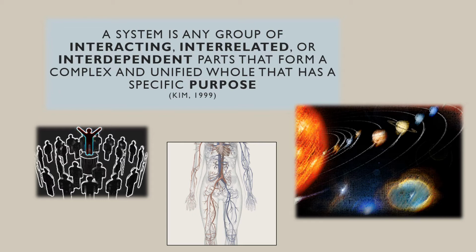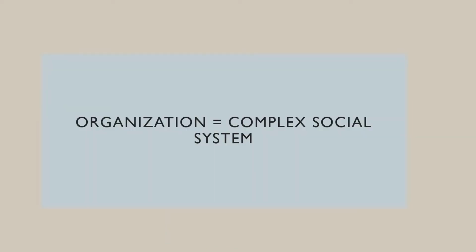And so all that to say, it can be, and it is extremely complex when you start to get into the minutia of it. But it's important to understand a system first so that we can then understand what it means to be a systems thinker and how this applies in an organizational setting. And so it's important to know that an organization is a complex social system.